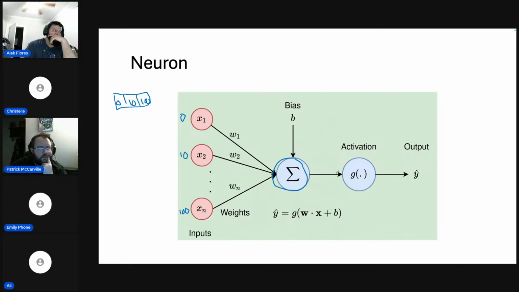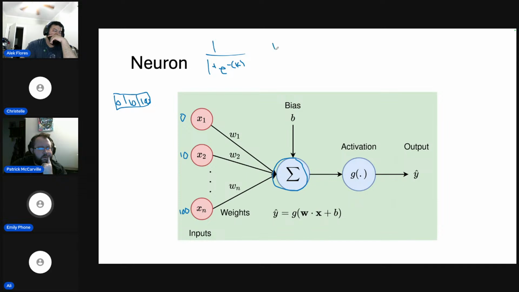So here we're doing 1 over 1 plus e to the negative k.